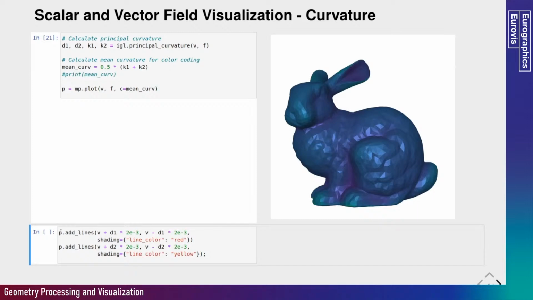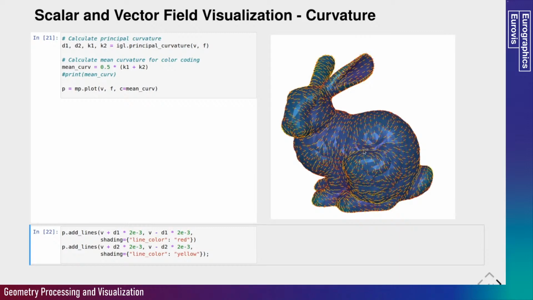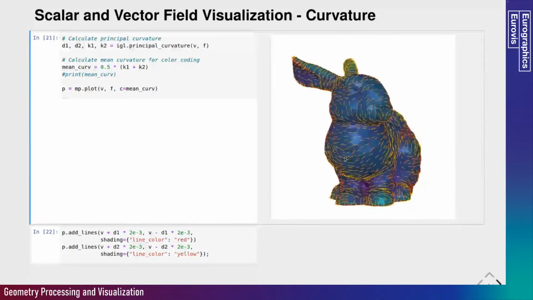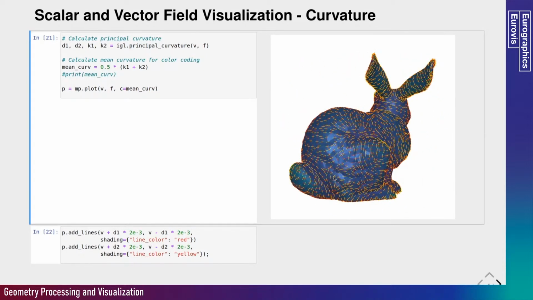For this we can use the add lines function again, and we add lines that go from the vertex position a little bit into the max principal curvature direction, and a little bit minus the direction of the maximum curvature, as well as yellow lines for the same for the min principal curvature. Let's see how this looks. Now we add these nice lines, or crosses, at each vertex, and they visualize the principal curvature directions everywhere on our surface mesh.